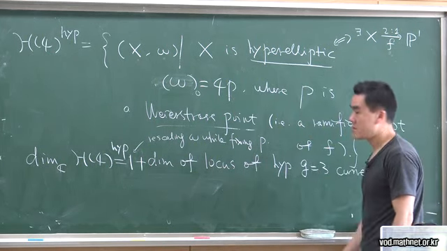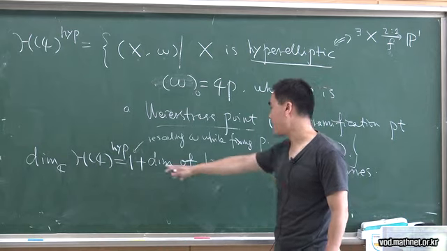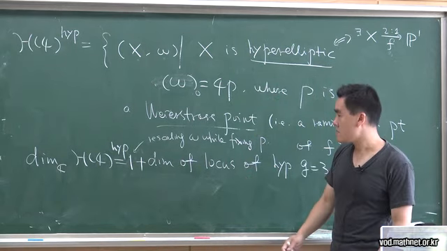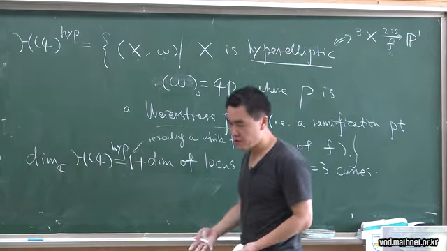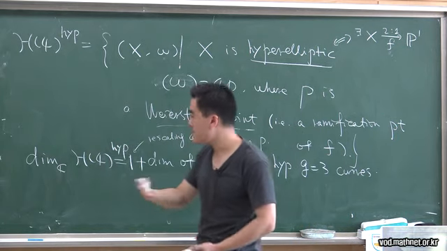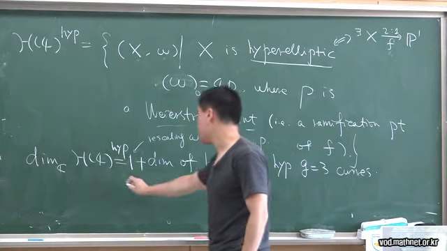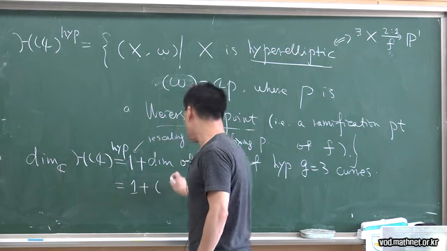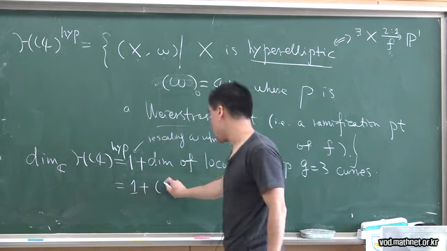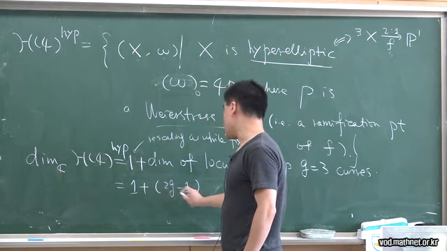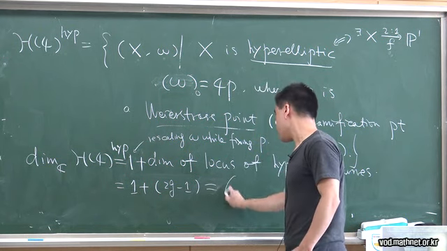But even fixing P, I can rescale omega by any non-zero complex number, which adds one more dimension to the space, because I consider the space of differentials. Differentials can be rescaled without changing the underlying zeros. So this is 1 plus the dimension of the locus of genus G hyperelliptic curves, which in general is 2G minus 1. In this case, 2 times 3 is 6.